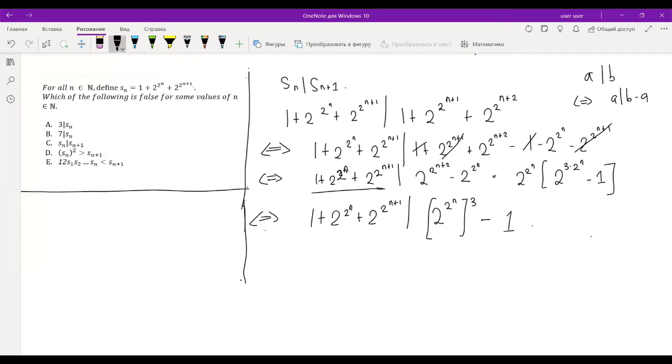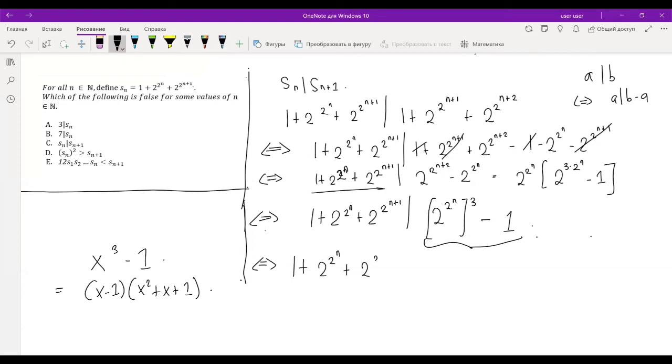Now the right hand side is of the form x cubed minus 1. And we know that this can be factorized into x minus 1 times x squared plus x plus 1. We can keep the if and only if sign, because everything we are doing can still go from back to front.